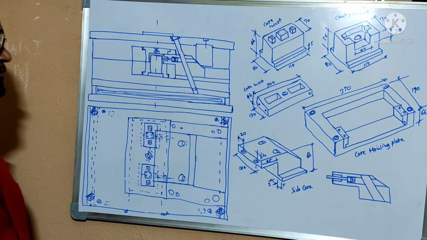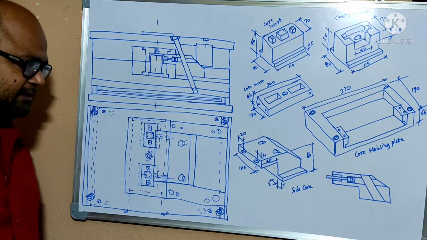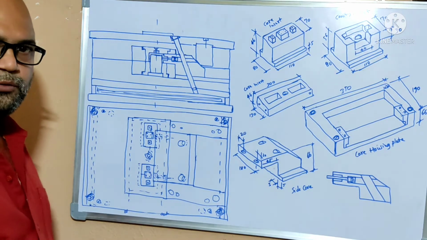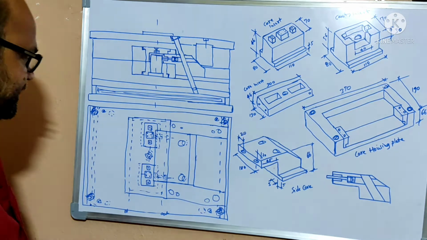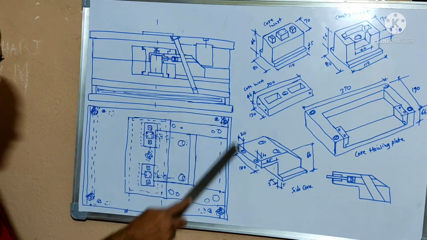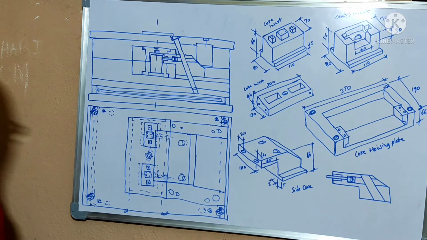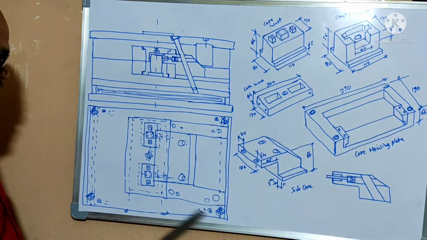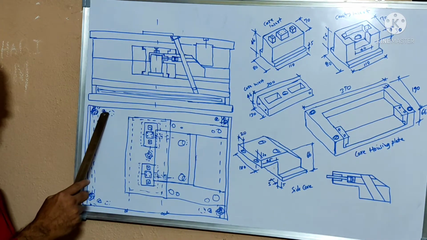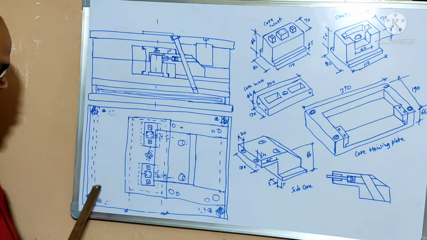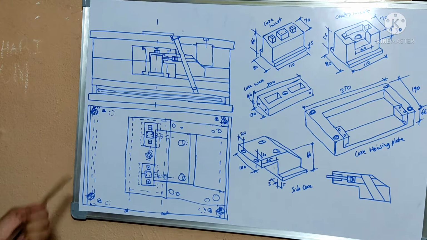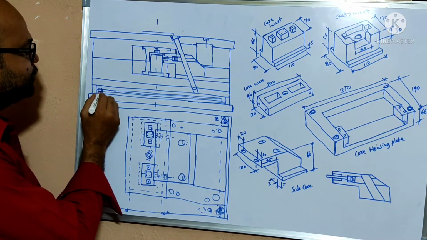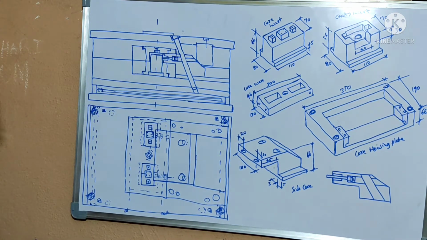Going through the top view of the tool, similar to other plastic injection mold tools, from the 4 corners you are observing the main guide pillar and guide bush, and similarly the 4 ejector screws or fasteners, what you may call.